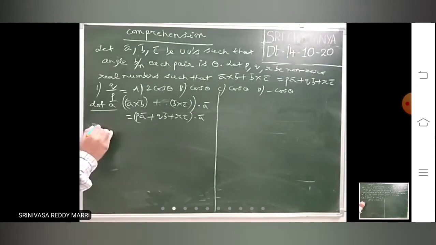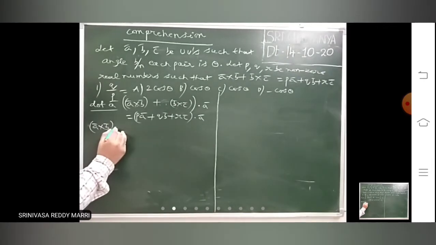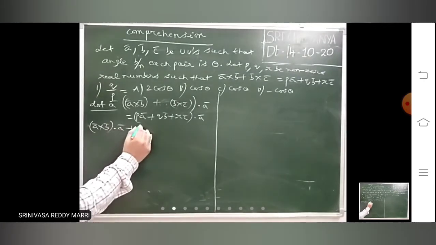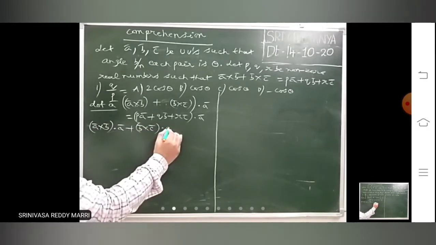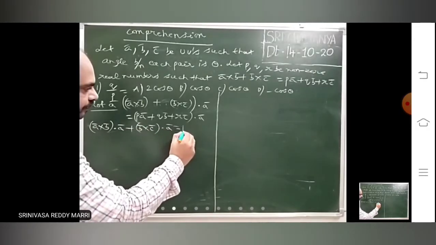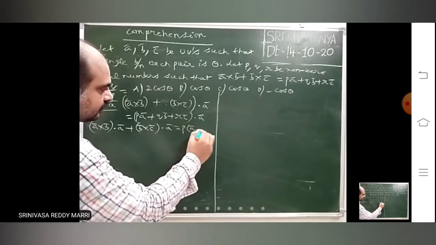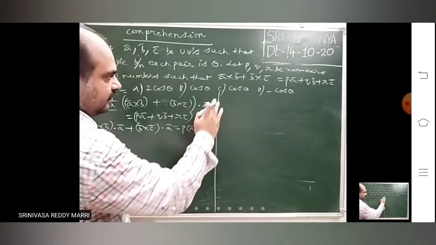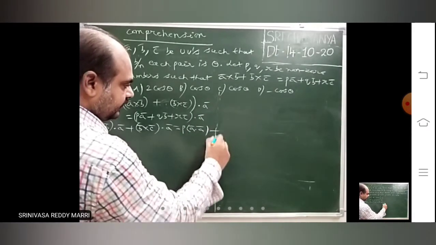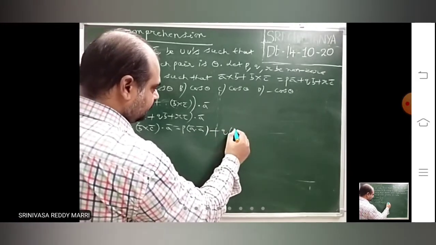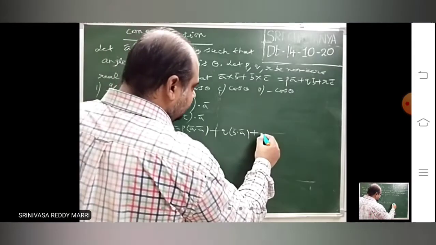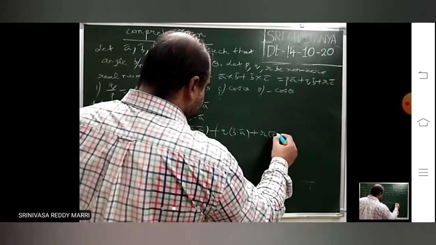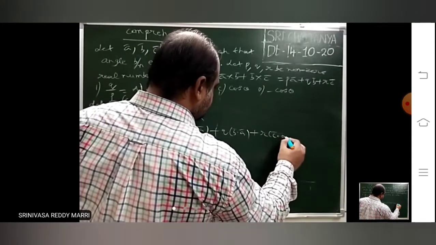Look at A bar cross B bar dot A bar equal to P into A bar dot A bar plus Q into B bar dot A bar plus R into C bar dot A bar.